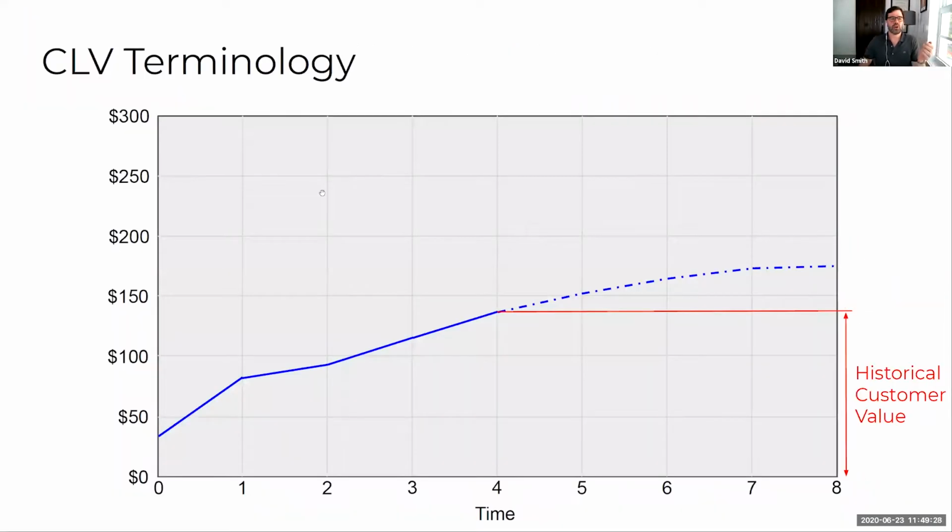Okay, so let's look at this. Basically what we're saying here is, let's say you spent $100 to acquire this customer. The payback period would be where $100 matches this line. And if you can see the little hand here, it's at roughly 2.3 time periods.